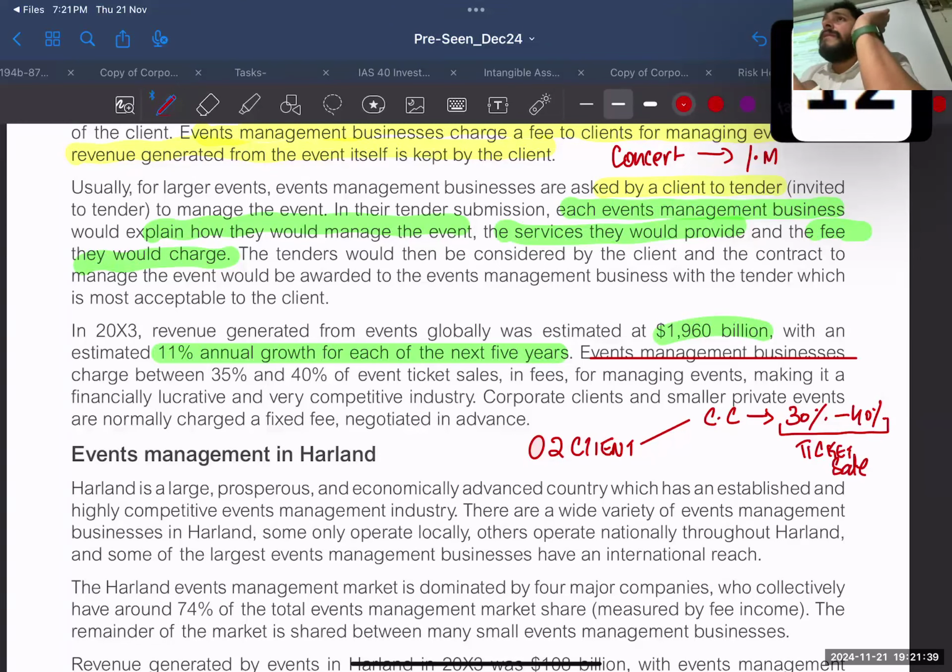Am I clear on this? 35 to 40% of my client ticket sale. Is it clear? And for the small private event, that is my private event part, I'm charging a fixed fee.